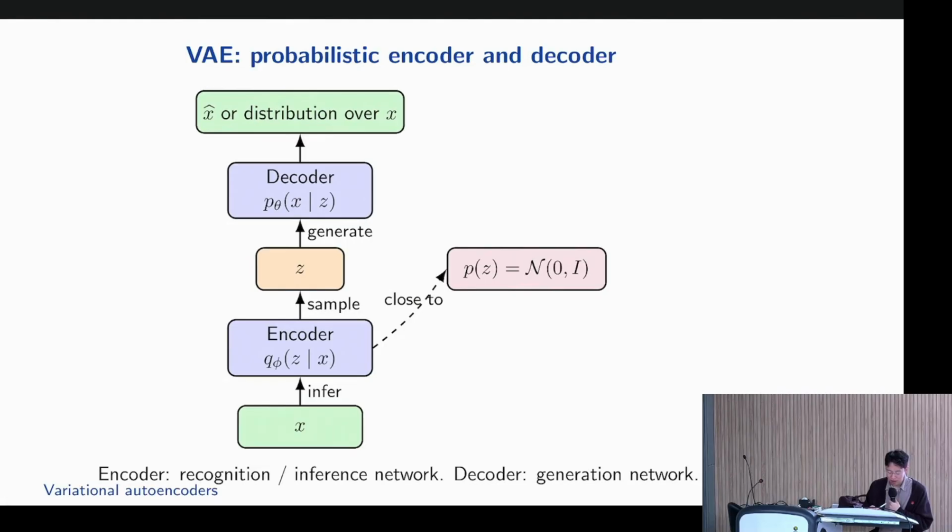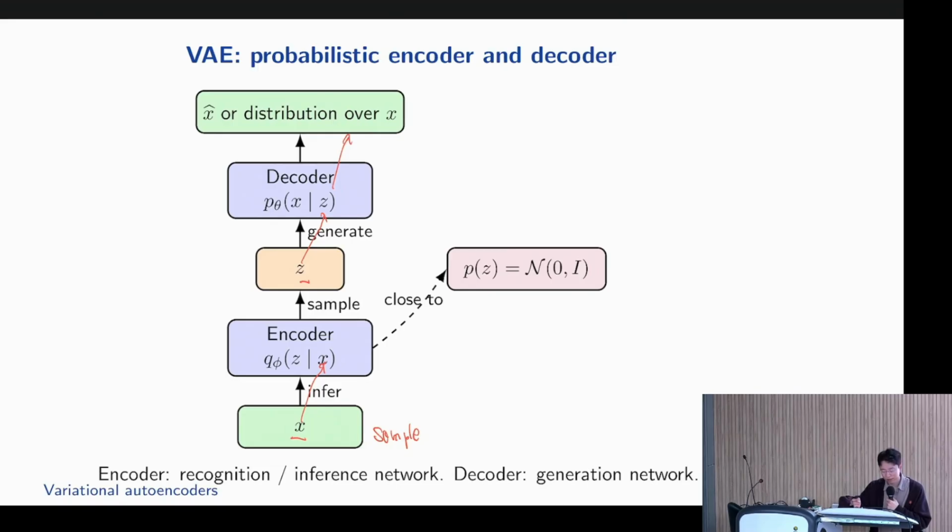This was our block diagram view of the probabilistic version of autoencoders. Given x, this sample, push it through the encoder here, and it outputs a distribution of z given x. Sample z, push it through the decoder, which outputs a distribution on x given z, from which we can sample x hat.